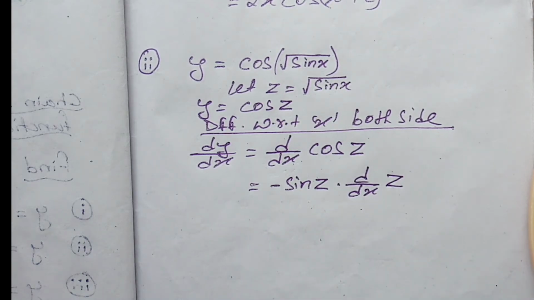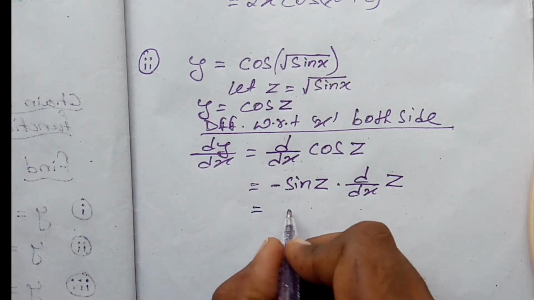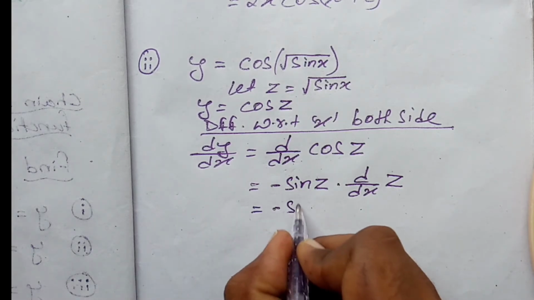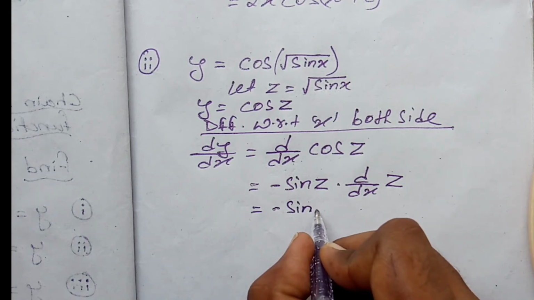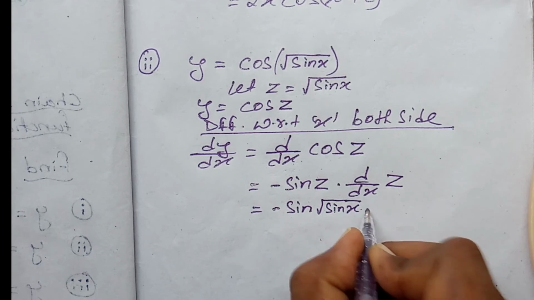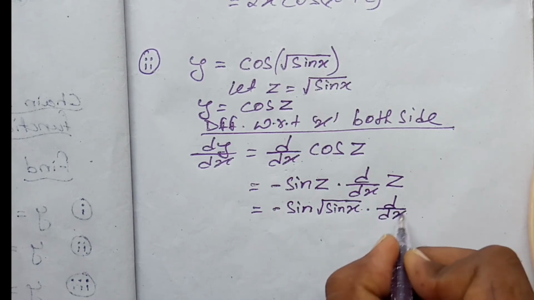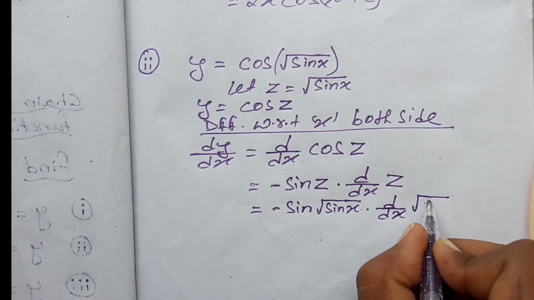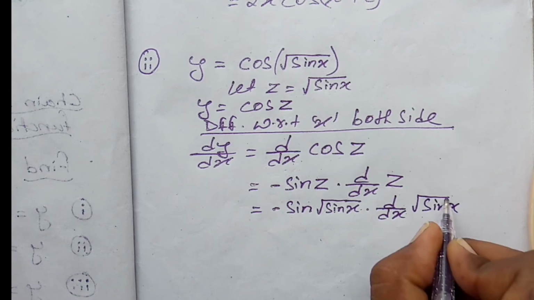Now we will differentiate z with respect to x. What is z here? z is root under sin x. So this is equal to minus sin(root under sin x) into d by dx of root under sin x.